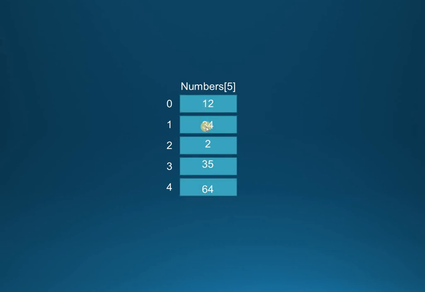Once again, we start. 12 and 34 are okay, 34 and 2 are not okay, and 34, 35, and 64 are the largest numbers. Finally, we check 12 and 2 and swap those, and look, we've now sorted our subarray of 5 items. This works just as well for 100.